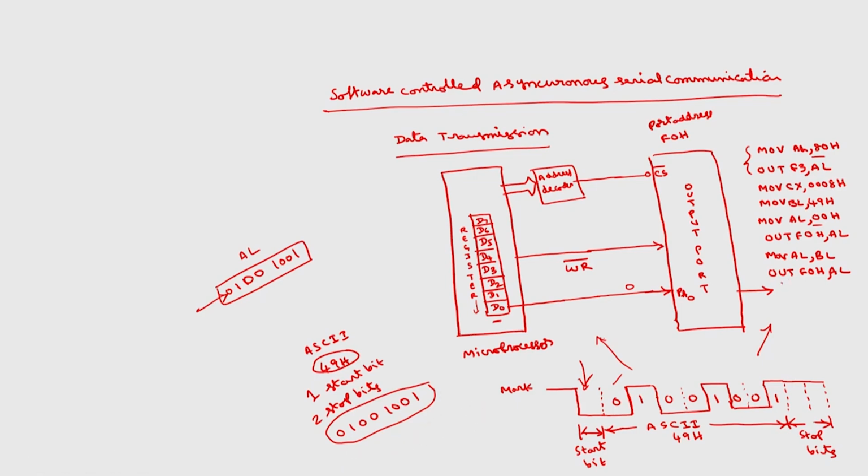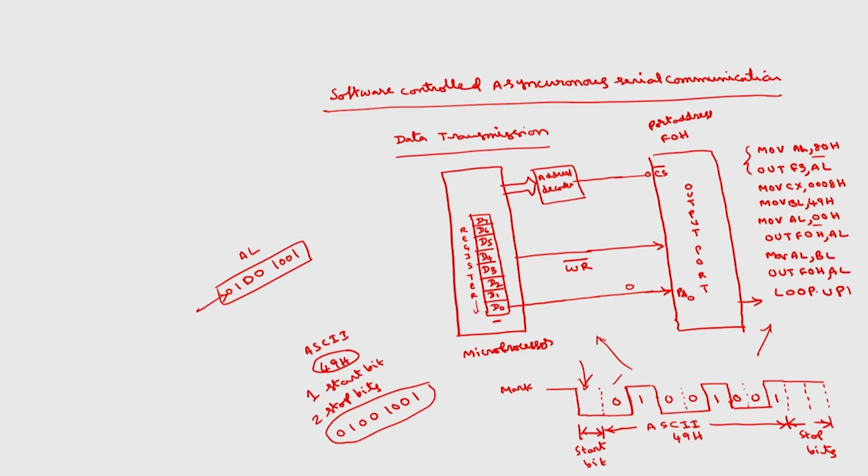So, I will rotate these bits, ROL AL, 01, then output onto the port. So, only one bit will be outputted. Now, decrement CX, or you can write LOOP directly, because CX you can use with the loop instruction, LOOP up.